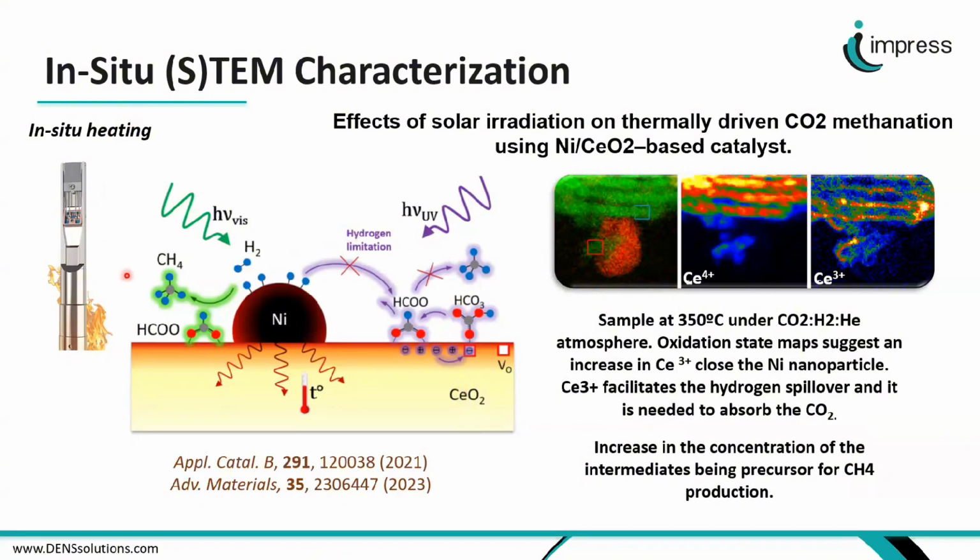The first paper I would like to show you is this one. You have here two publications, coming in 2021 and recently one in 2023. It is about a system composed of nickel nanoparticles on a cerium oxide substrate that allows CO2 reduction to produce methane.